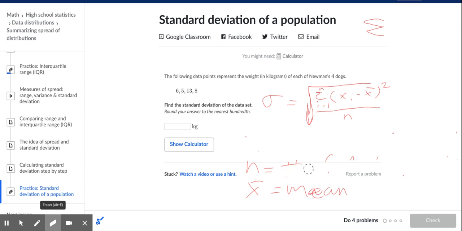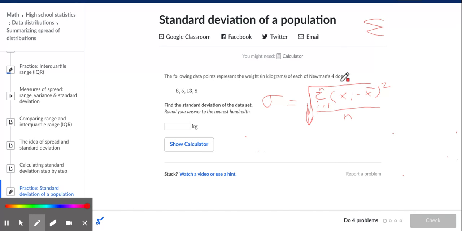First we need to know the mean. Well, we already know n. n is 4, we're given that. 4 dogs, so n is 4. I'm going to write that up here just so we know. And we need to find the mean, which is the average of the 4.